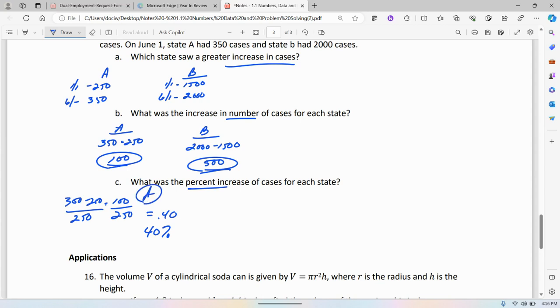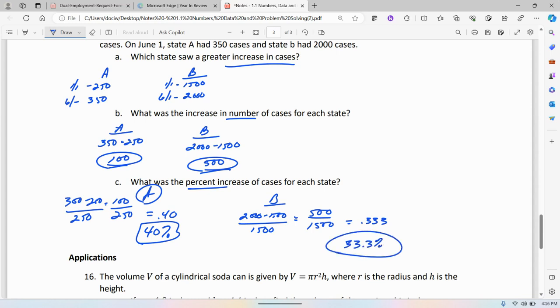So State A saw a 40% increase in the number of cases. State B, again, the difference from 2,000 to 1,500, we said is a 500 case increase. However, they started at 1,500 cases. 500 divided by 1,500 is 0.33 repeating, or 33.3% increase.